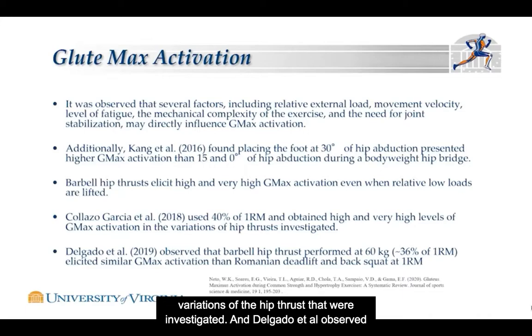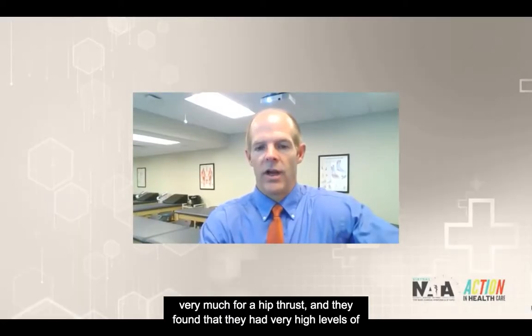And Delgado et al. observed that the barbell hip thrust performed with 60 kilograms, which is 36% of the 1 rep max, elicited similar glute max activation to what they found with the Romanian deadlift and back squat at the 1 rep max. So you look at 36% or 60 kilograms, which is about 132 pounds. That isn't very much for a hip thrust.